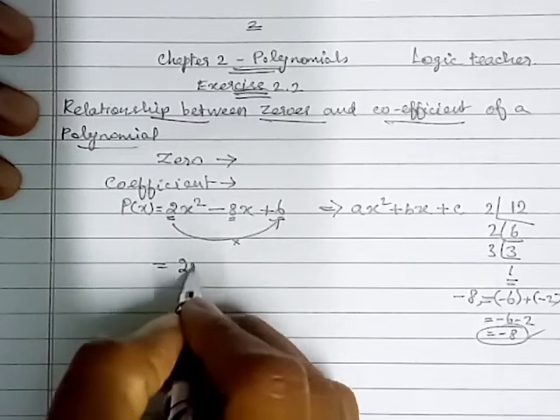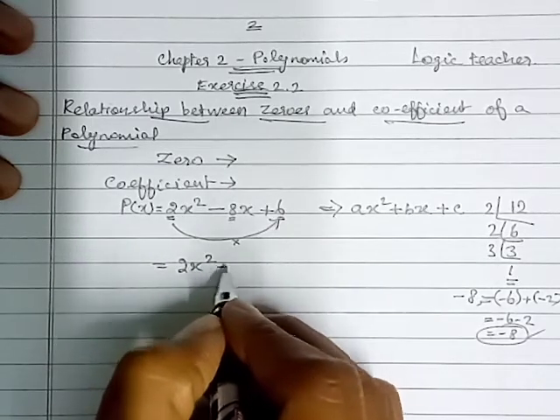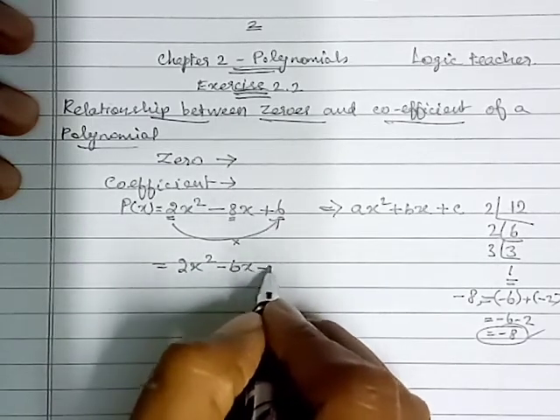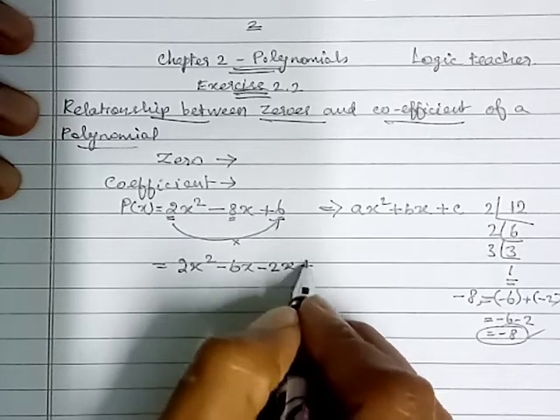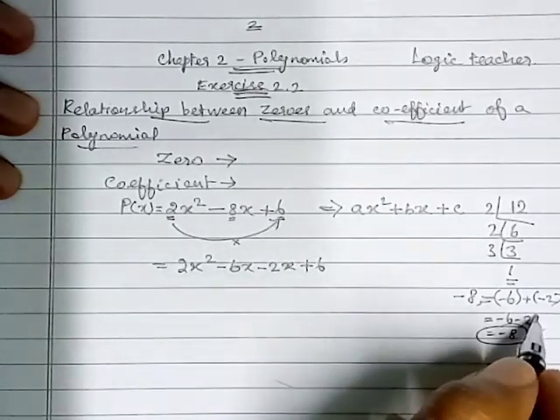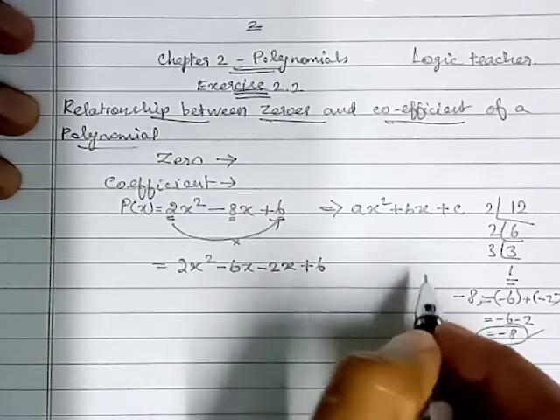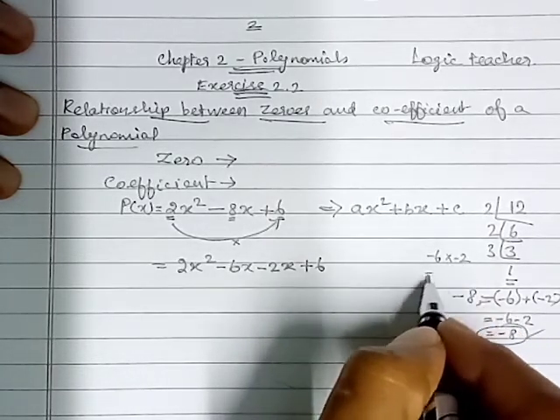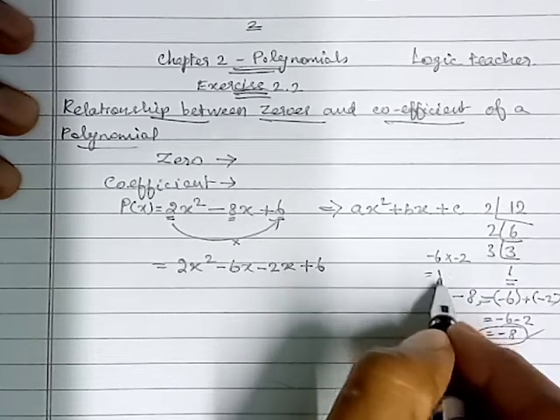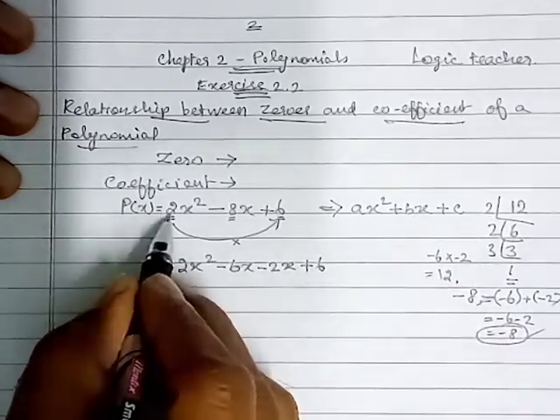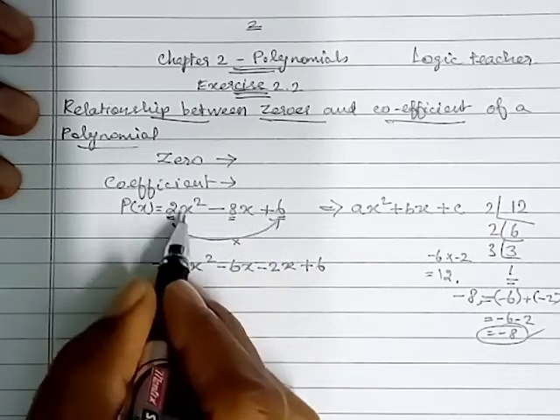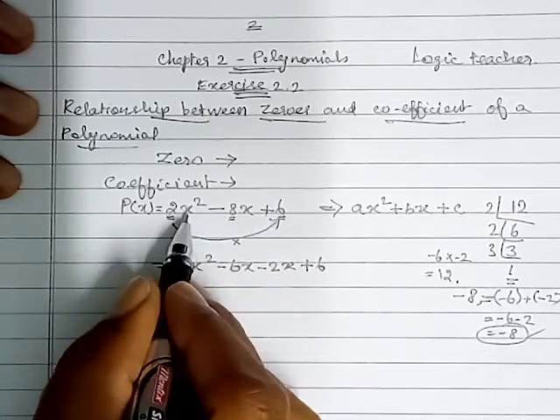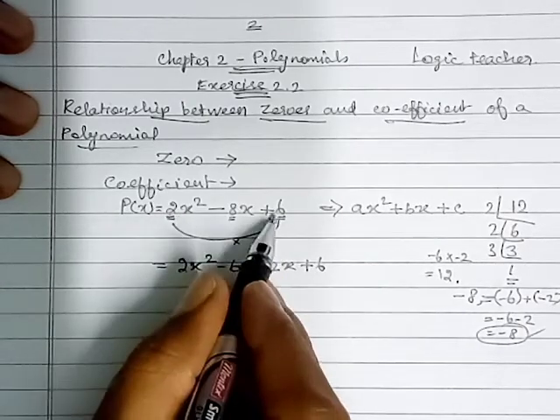So 2x squared minus 6x minus 2x plus 6. See, if you multiply these two numbers, minus 6 into minus 2, it is equal to 12, which is 2 into 6, the product of the coefficient of x squared and the constant term.